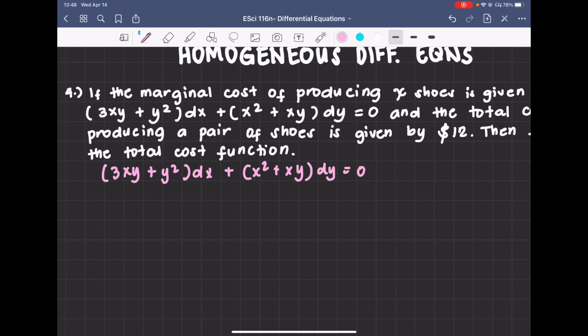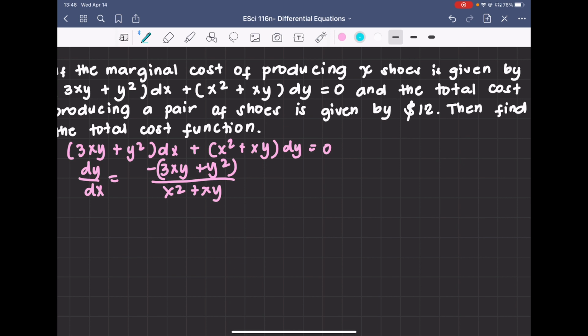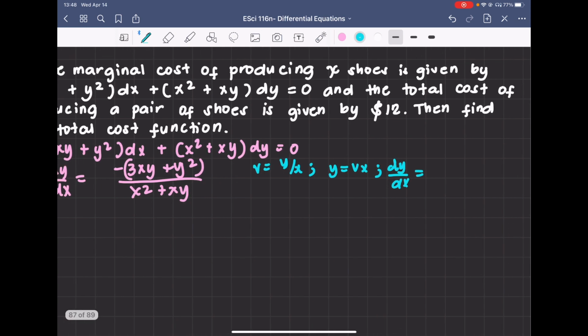We can rewrite this as dy over dx is equals to negative 3xy plus y squared all over x squared plus xy. Again, our value for v is equals to y over x, and our y is equals to v times x, and our dy over dx is equals to v plus x dv over dx.